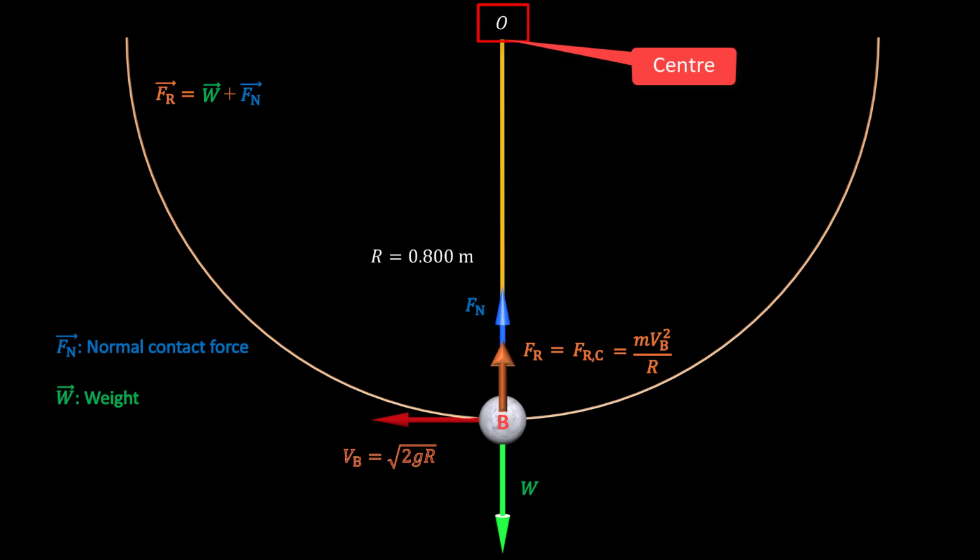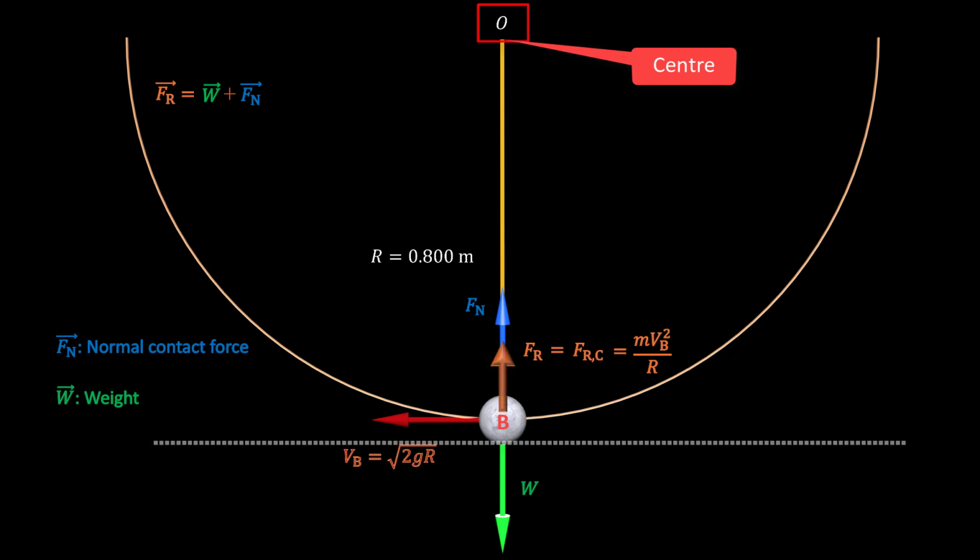But remember that the normal contact force is always perpendicular to the surface at the point of contact. At the point B, the track is horizontal.